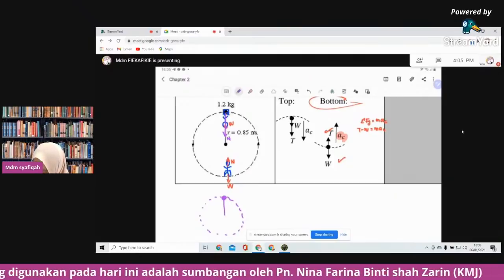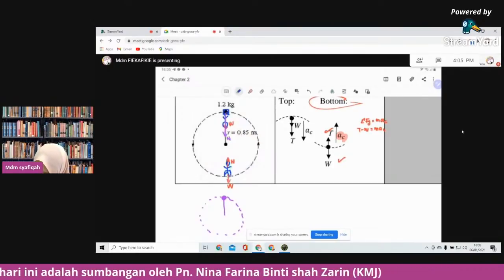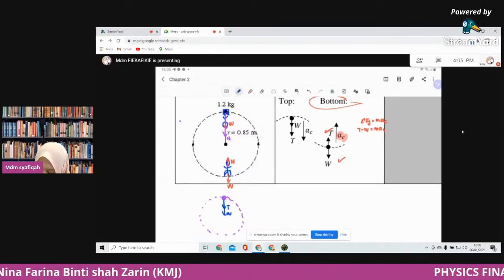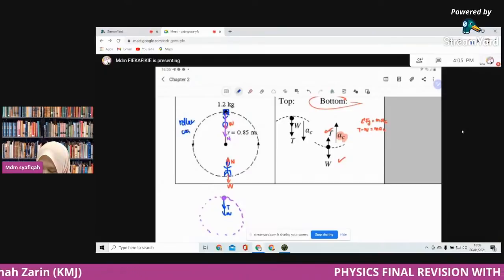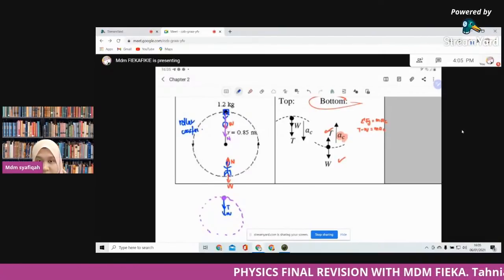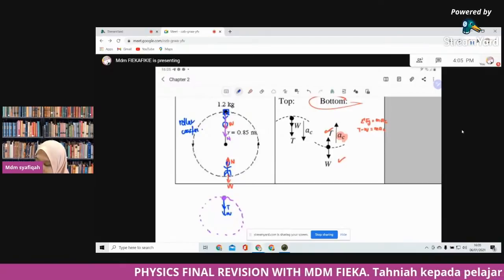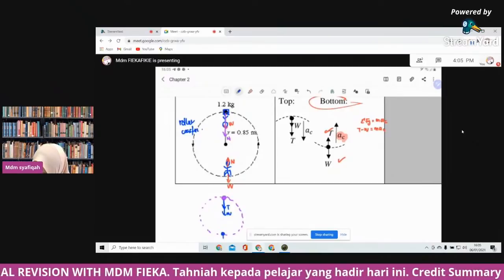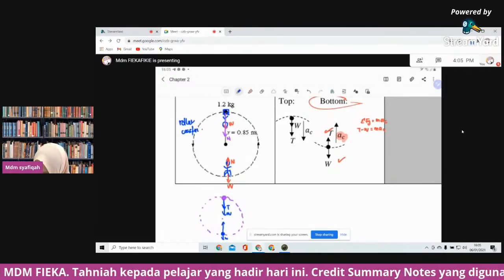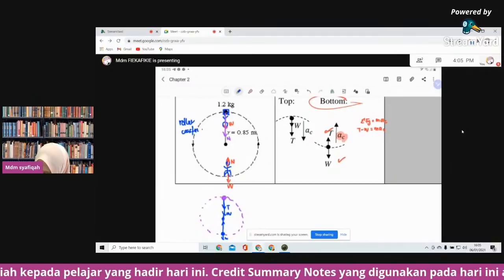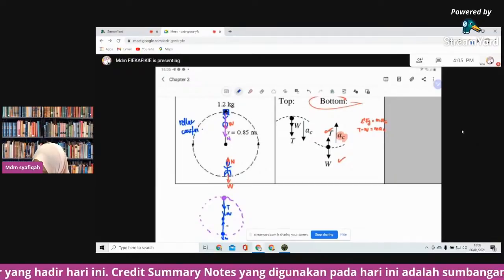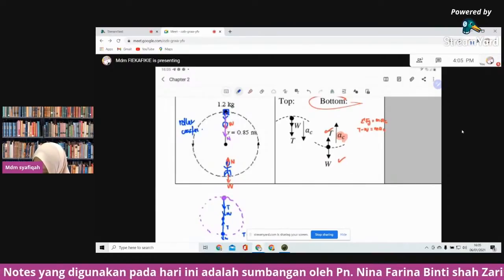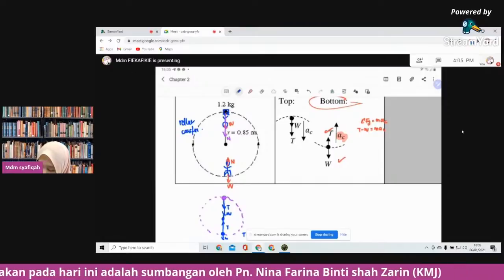Alright, so ini you ada tension lah, T. T and weight. Yang ini tadi saya cerita pasal roller coaster. Okay, you ada normal force and also the weight. Okay, so dia akan jadi kat bawah pula. So weight and the tension, ni tali ni awak ikat kat tali. Okay, so T. So at the bottom, it should be T minus W equal to MAC.